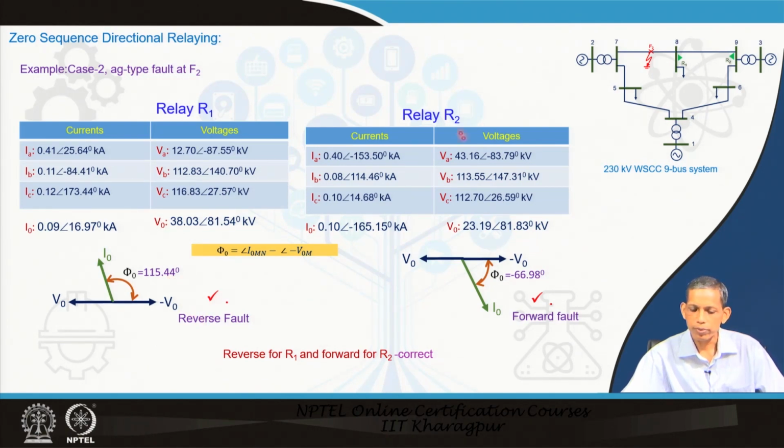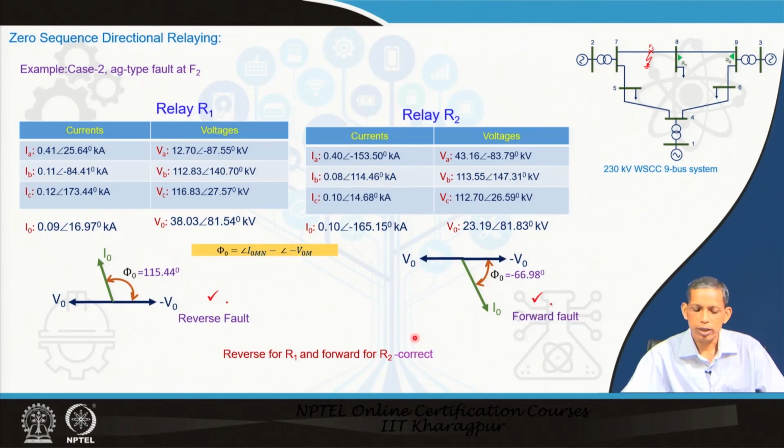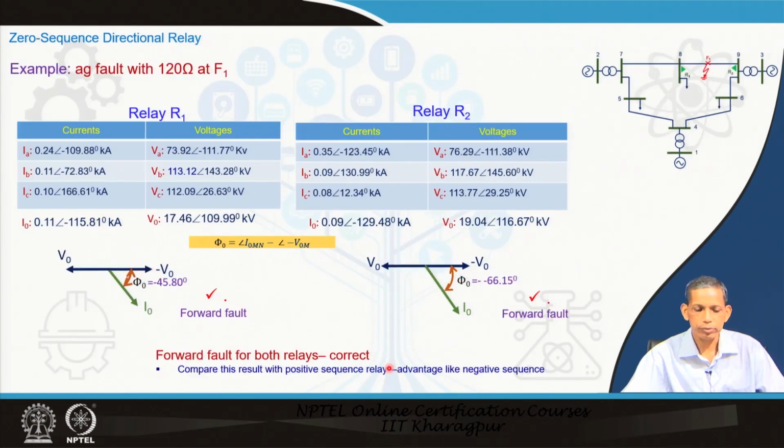For R2 the phi 0 computed is minus 66.98, clearly a forward fault. So that leads to the conclusion that R1 sees a reverse fault and R2 sees a forward fault, which is correct. So the judgment by the two relays using the zero sequence component is correct.